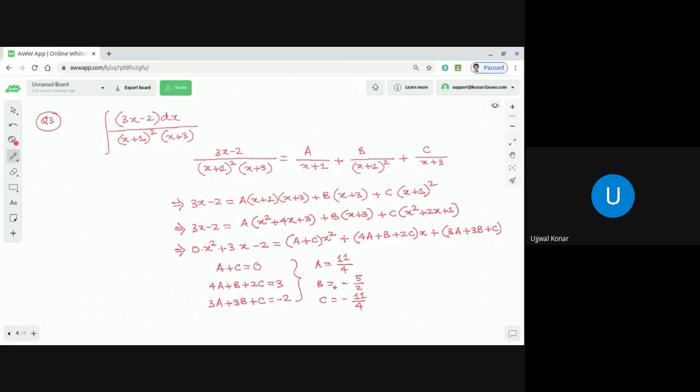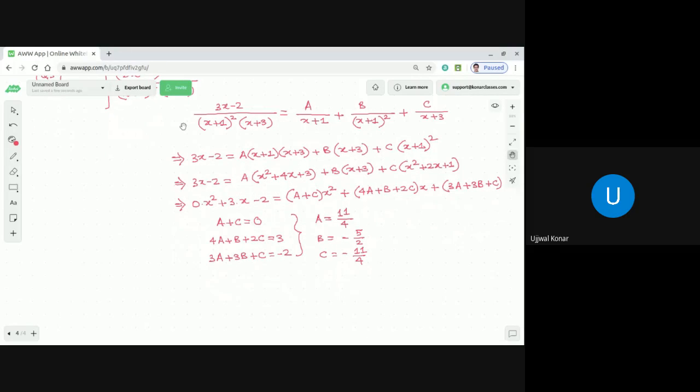Now we'll apply back these values here, correct? So from here, what is the integration we are going to get?